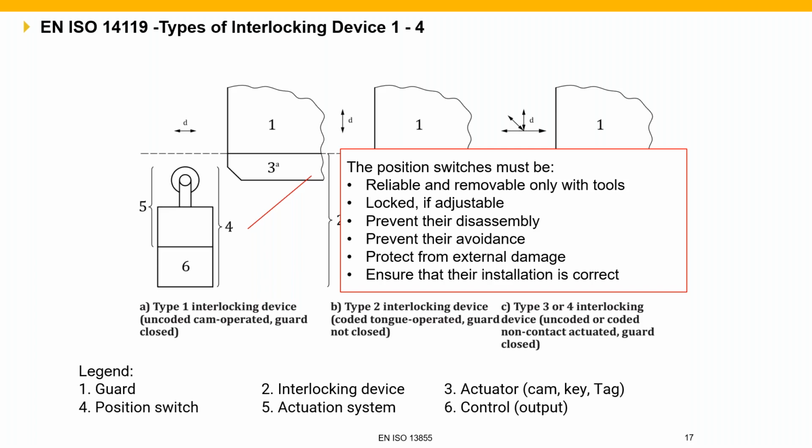We'll talk a little bit more about that in a later section. We need to protect them from external damage, so make sure that they're not going to come into contact with things that can damage the switch, and that their installation itself is correct, so we follow the manufacturer's instructions on how and where it's intended to be fitted.